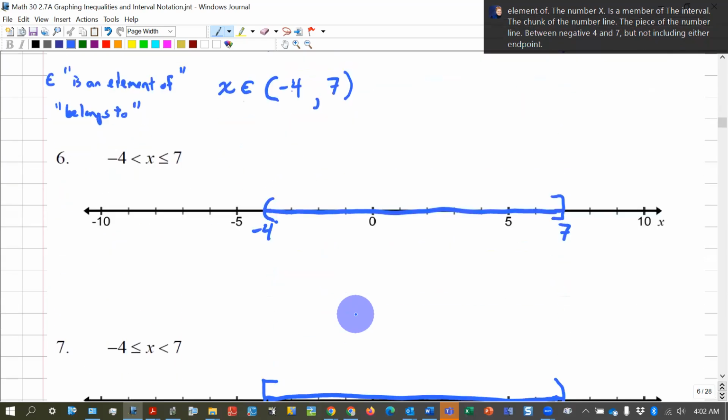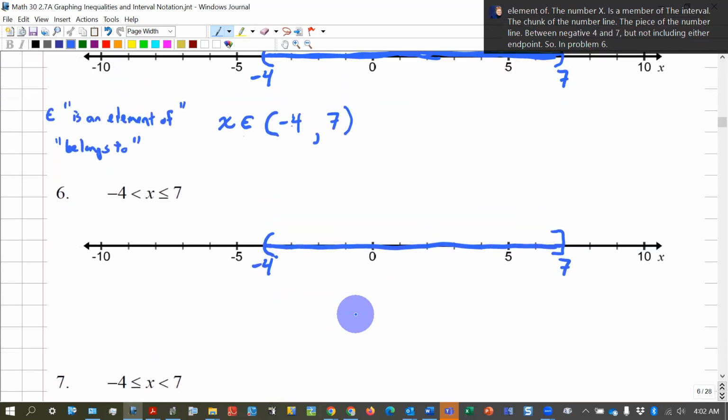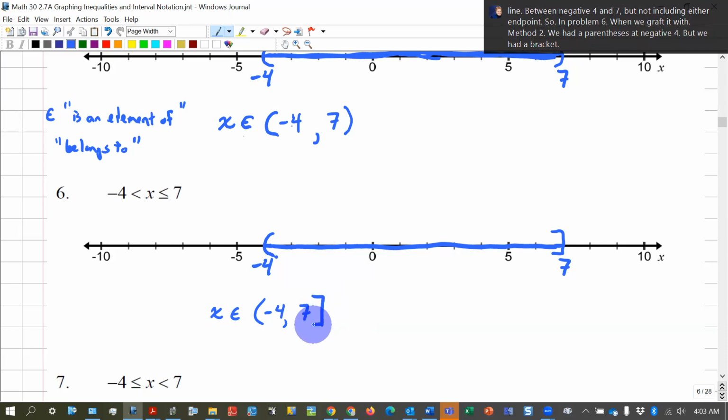So in problem 6, when we graphed it with method 2, we had a parentheses at -4, but we had a bracket at 7. So X belongs to the piece of the number line that starts at -4 and ends at 7, but does not include -4 and does include 7.